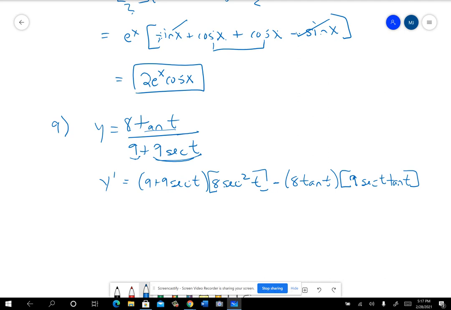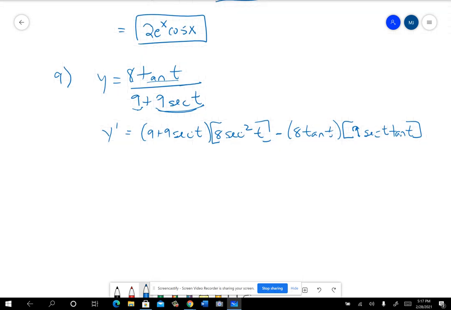Okay, so now I'm trying to see what I could factor out. Could take out a secant, if that would help. I don't know that would help that much. Let's go ahead and pretty this up a little bit. Let me go ahead and just distribute this 8 secant squared t. So this would be 72 secant squared t plus 72 secant cubed t.